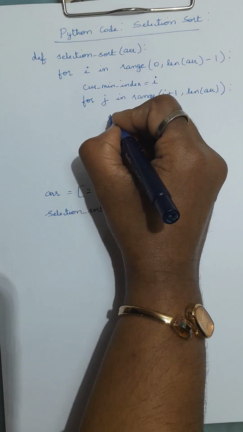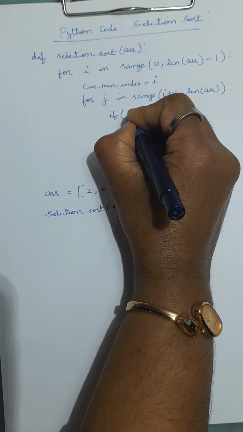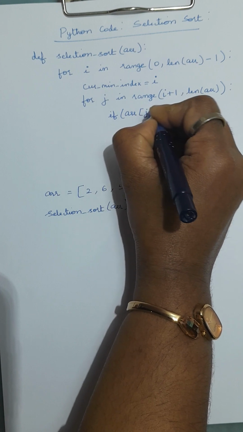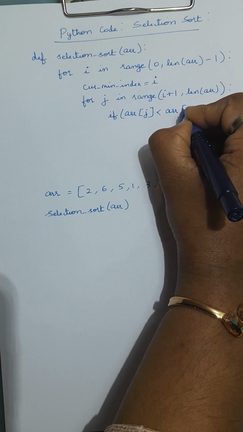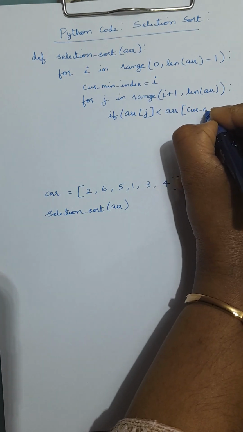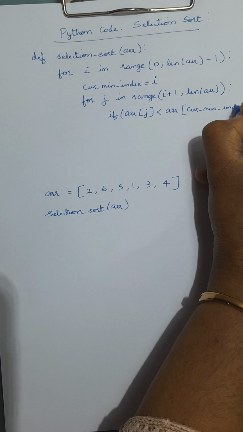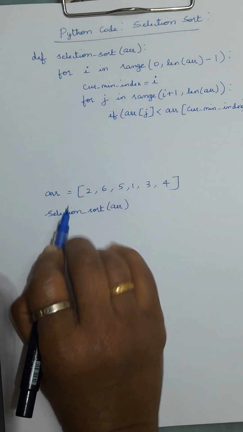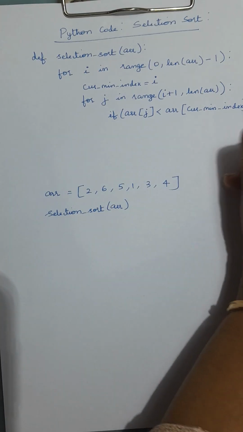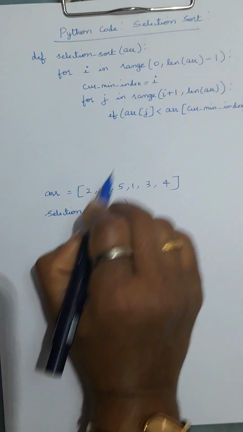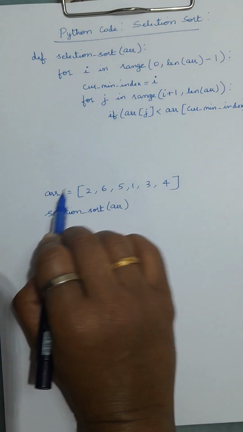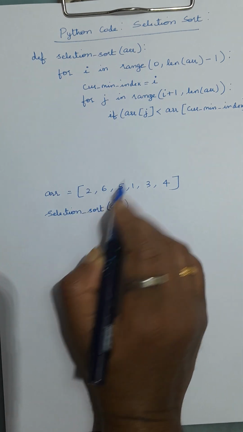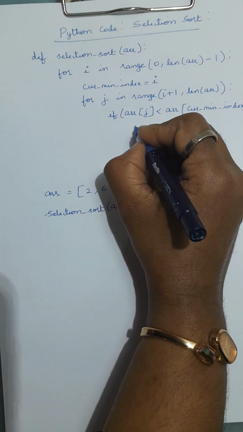Now what are we checking? If array of j is less than array value of current minimum index, if this value is less than the current minimum index value, we are changing the minimum index value position.